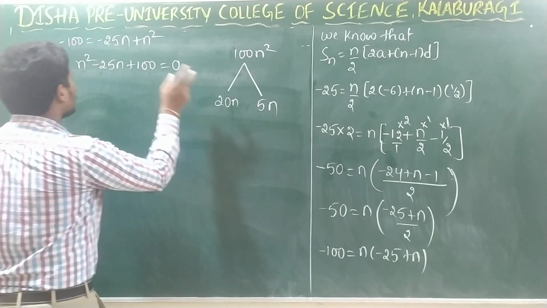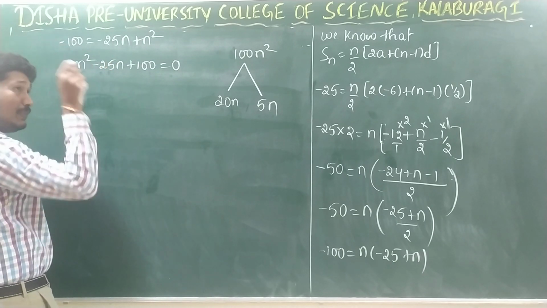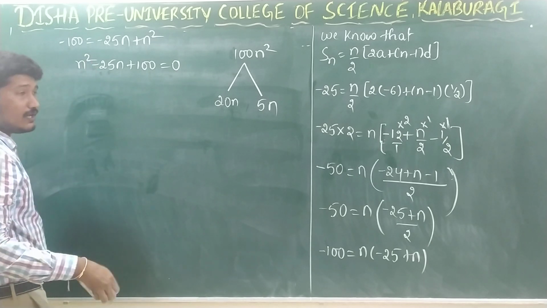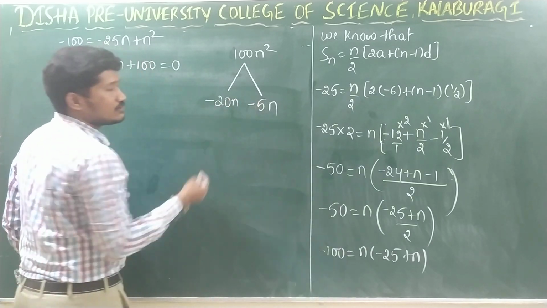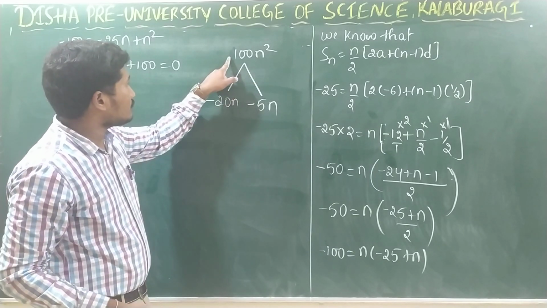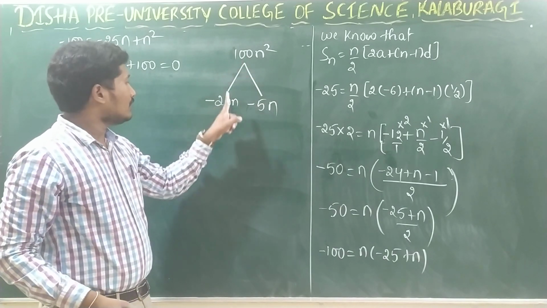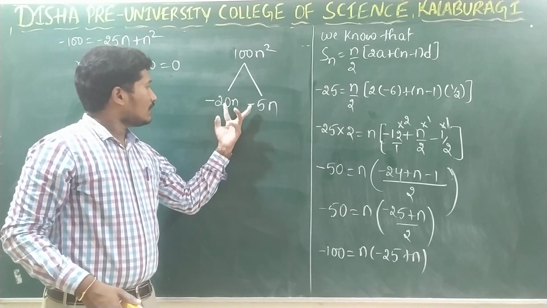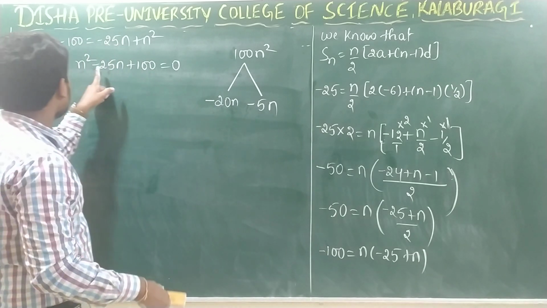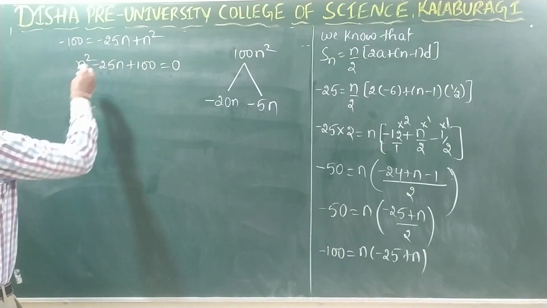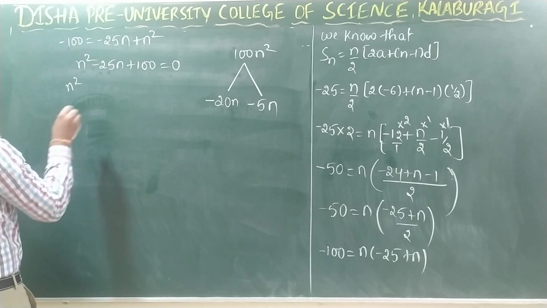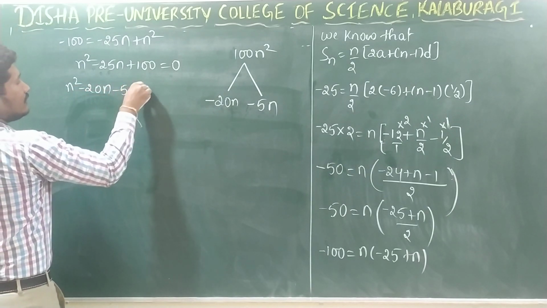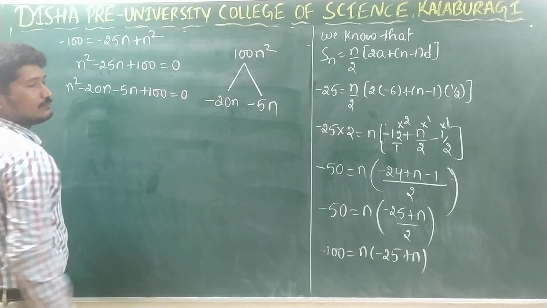And when you add these two terms, you will get 25. But here we have a minus 25. So for that, what we have to do? We will put a minus for both of these. Minus into minus is plus. 20 into 5 is 100. N into n is n square. Minus minus, signs are same, add them, 25, put the same sign. Right? So how will you split this term? N square minus 20n minus 5n plus 100 is equal to 0.